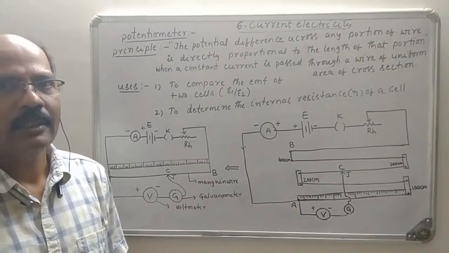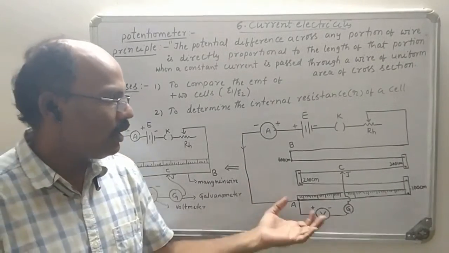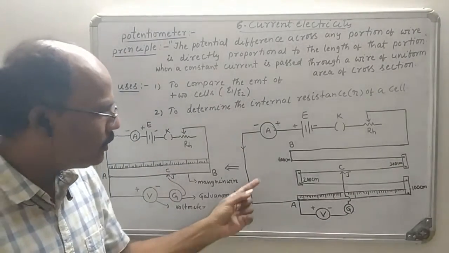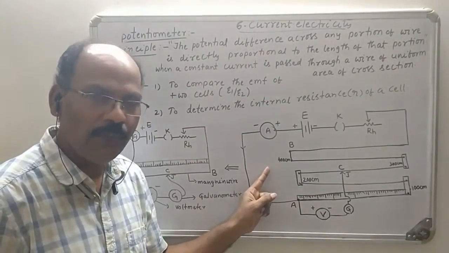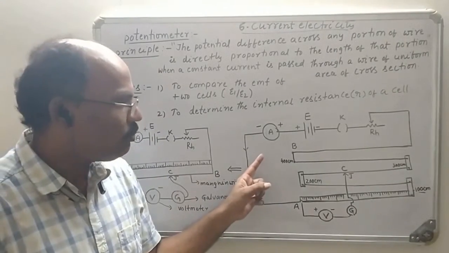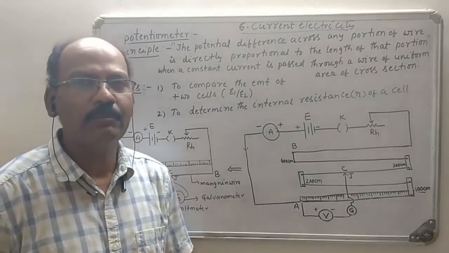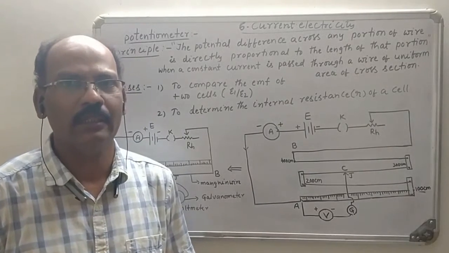Coming to the construction and working of the potentiometer. Here we are observing the actual structure of potentiometer. The potentiometer consists of a number of segments of wire of uniform area of cross section.